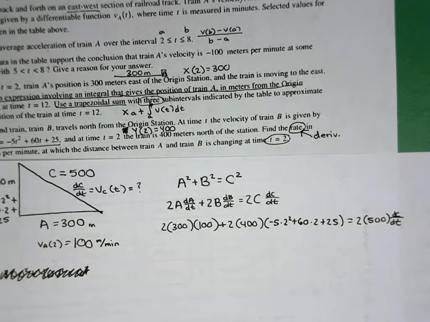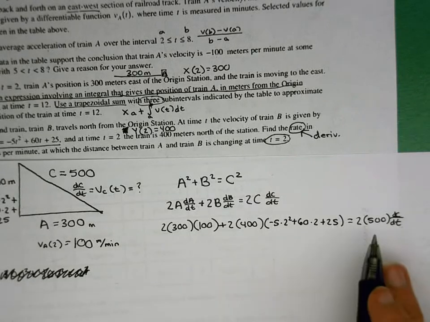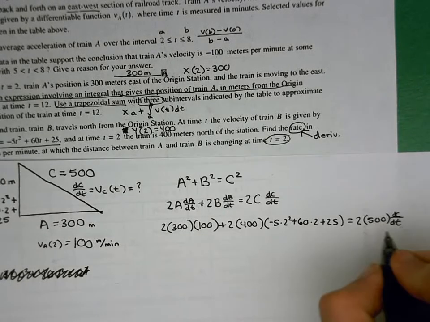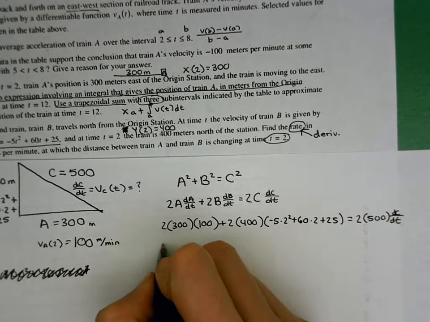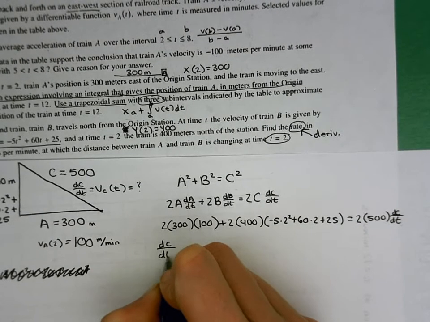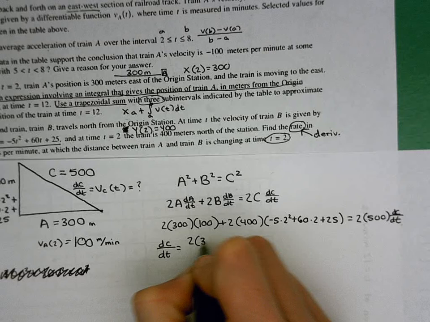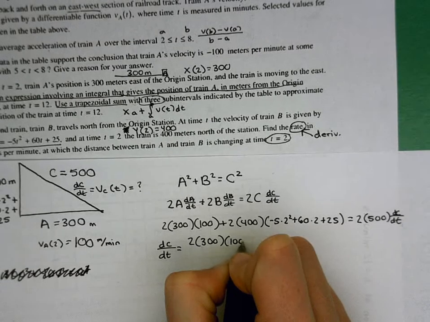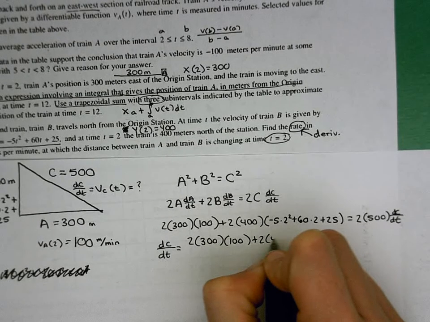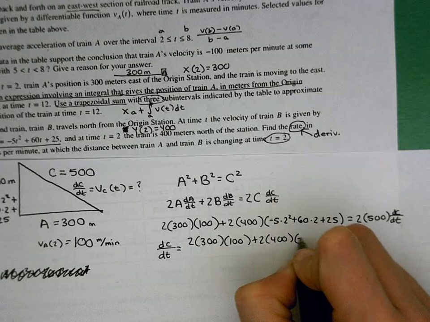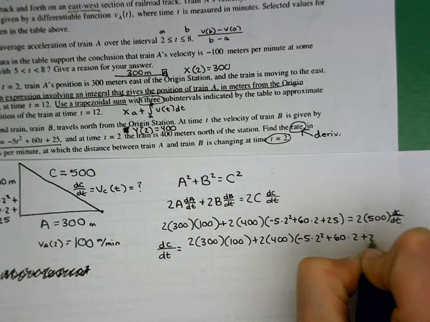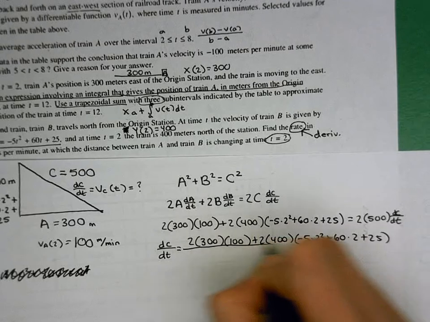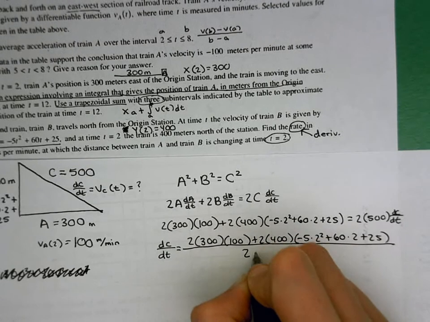Your third point is for the answer, for solving for that dc dt, which again, you don't have to do any simplification. This might just be dividing this 2 times 500 over underneath all the rest of that work. You'd have your 2 times 300 times 100 plus 2 times 400 times -5 times 2 squared plus 60 times 2 plus 25, all divided by 2 times 500.